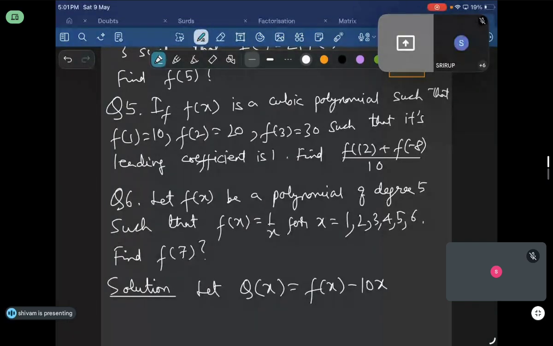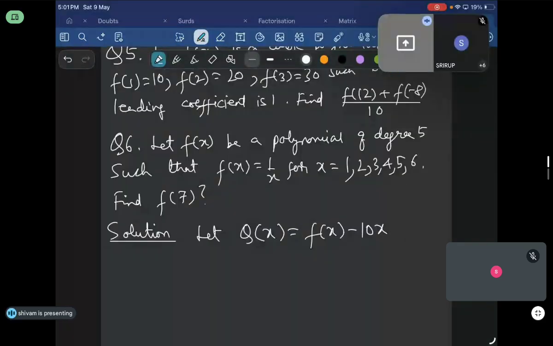So q of 1 equal to 0, q of 2 equal to 0, and q of 3 is also equal to 0.